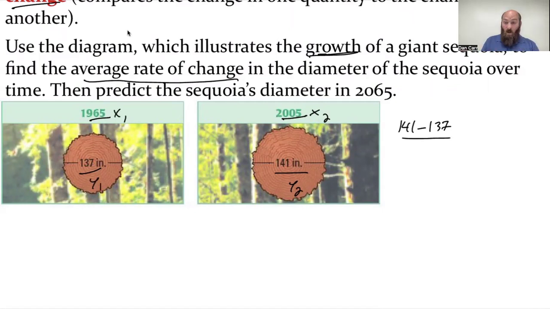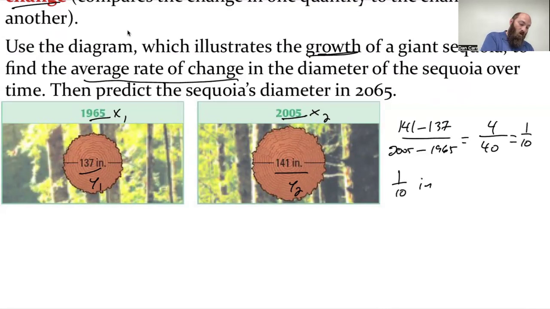So we're going to do 141 minus 137 over 2005 minus 1965. That is 4 inches over 40 years, or 1/10 of an inch per year. As a rate of change, it's 1/10 inches per year.